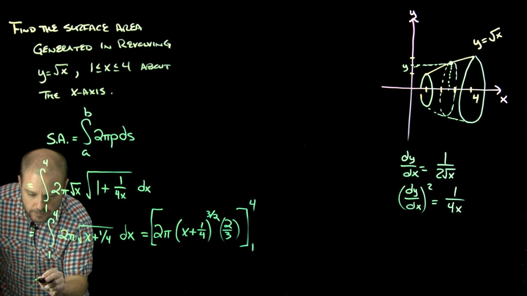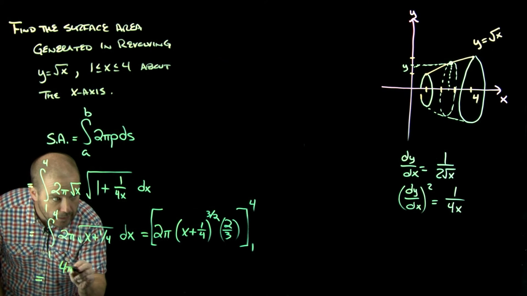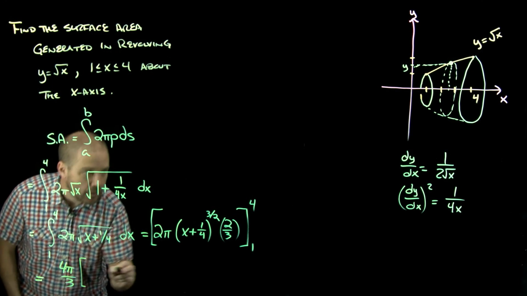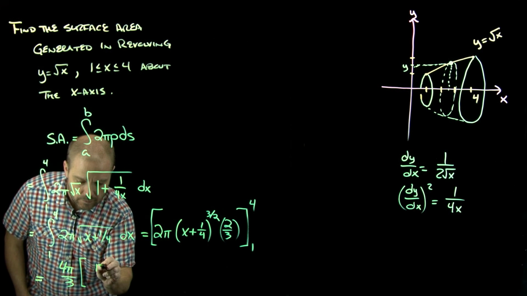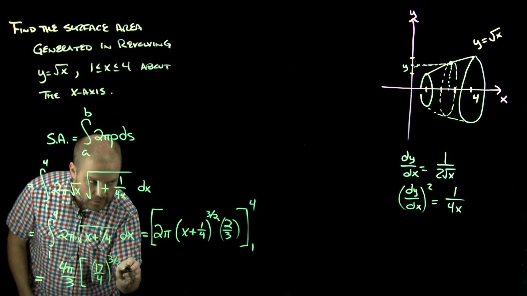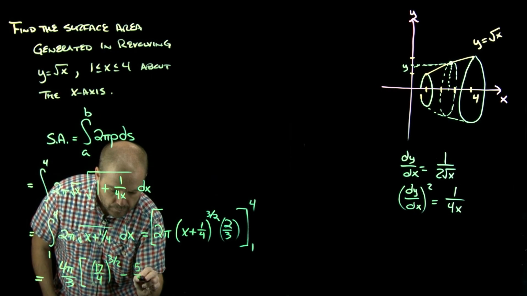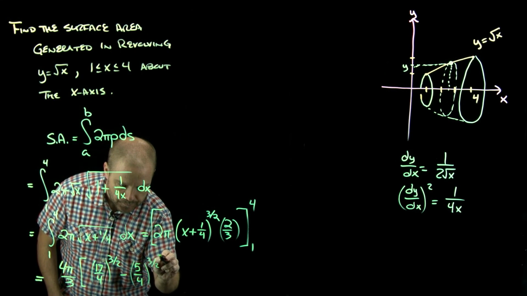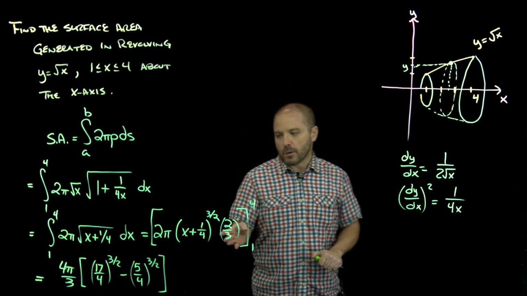So we have 4 pi over 3. 4 into there would be 4 1/4, or 17/4 to the 3/2, minus 1 1/4, or 5/4 to the 3/2. And there would be our surface area.